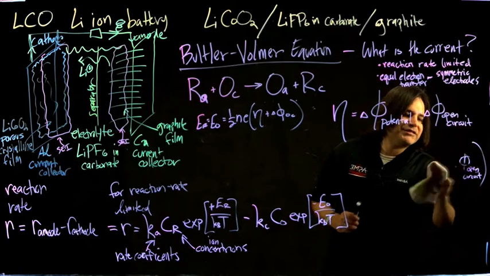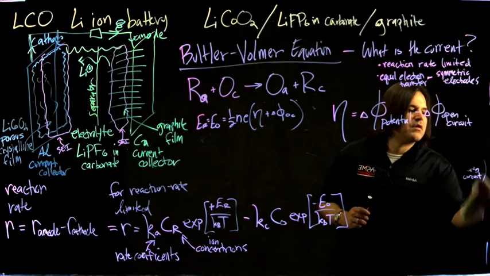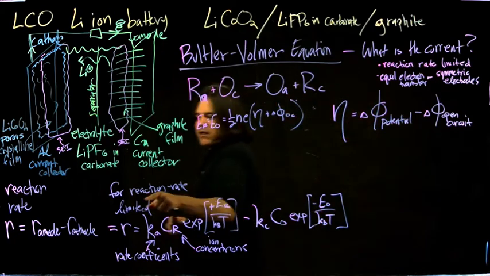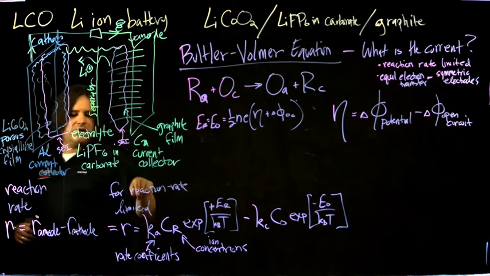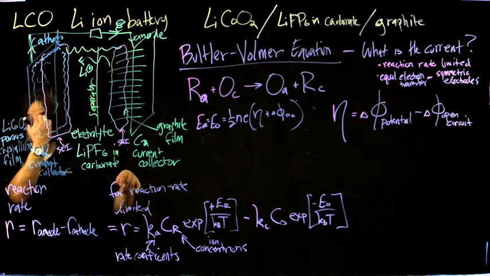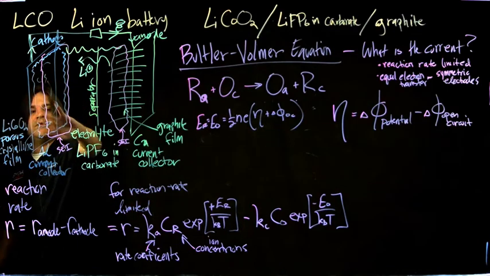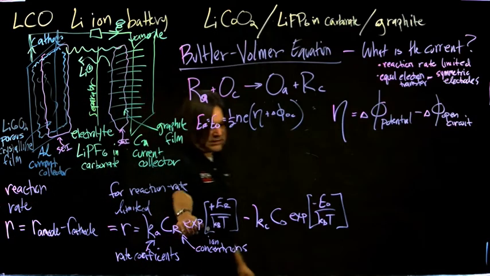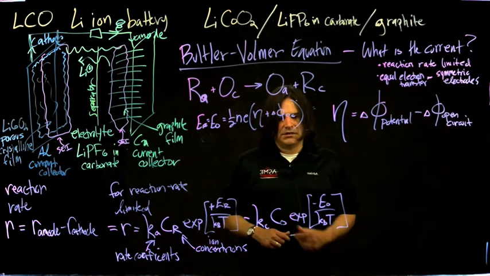So we have a reaction rate at the anode and the cathode. Okay, what about current? If it's reaction rate limited, the current only depends on the reaction rate. The transport of the ions in and out is fast enough that you only have to worry about how fast this is. This is the limiting process.